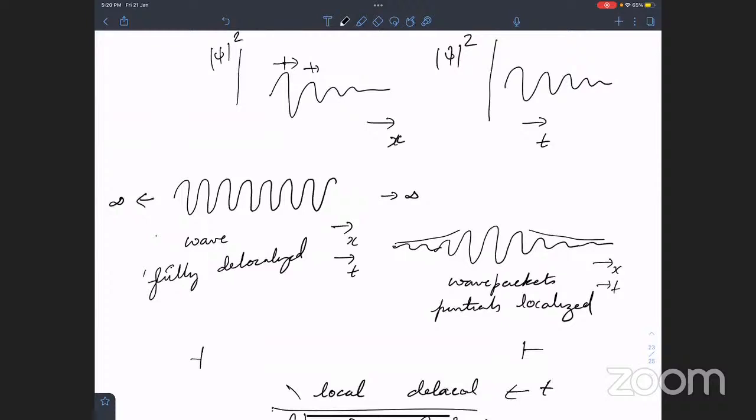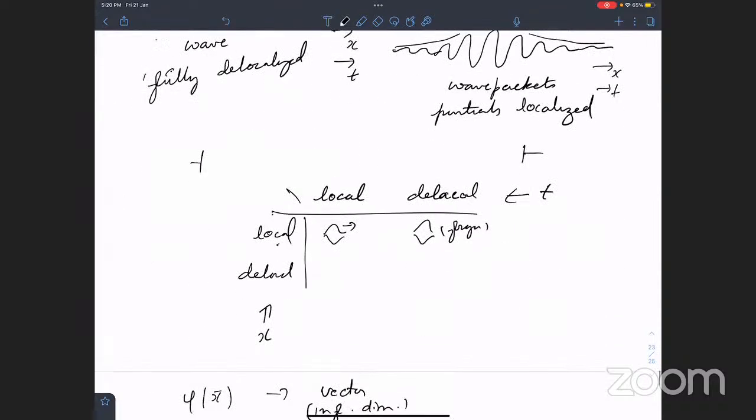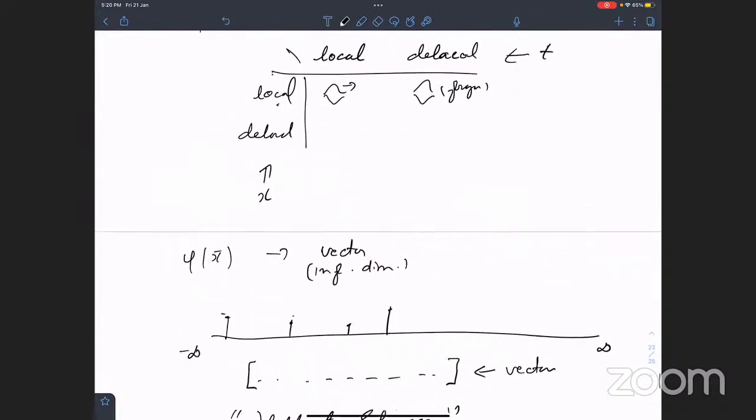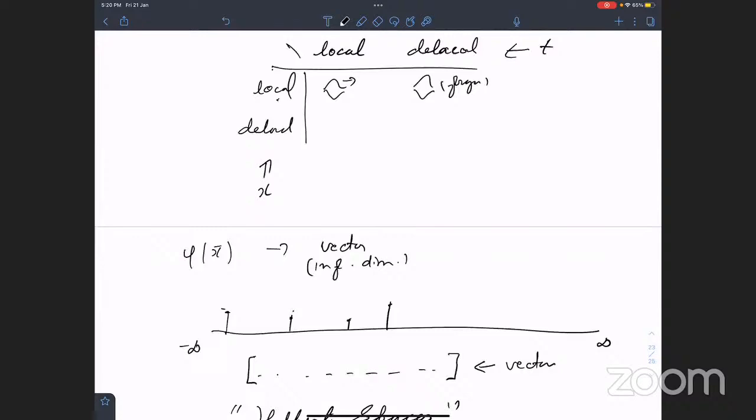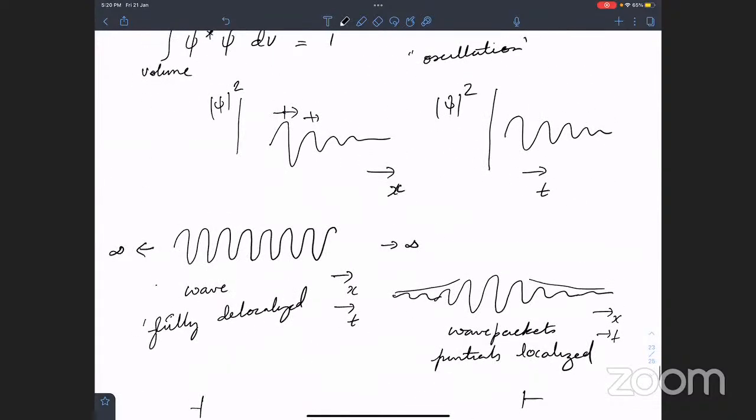What are typical wave functions? They're looking like this. Either they're localized or delocalized like this in time and space, and they can be thought of as vectors also. Another thing I want to remind you is that only when I have a fully delocalized wave function, going from minus infinity as a pure sinusoid, can I specify an exact value of frequency or wavelength. Okay, this is very, very important.